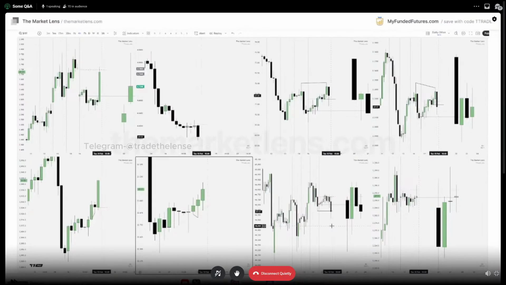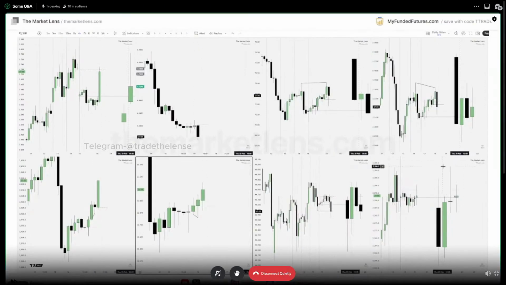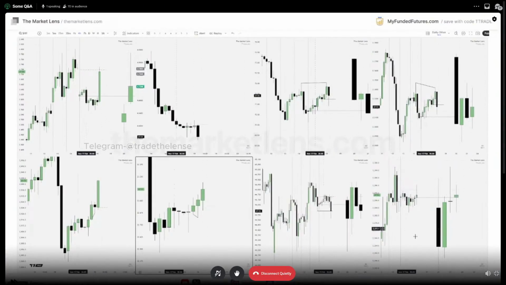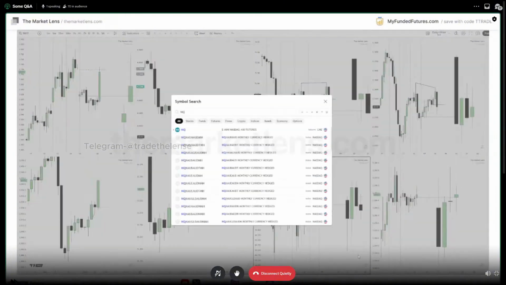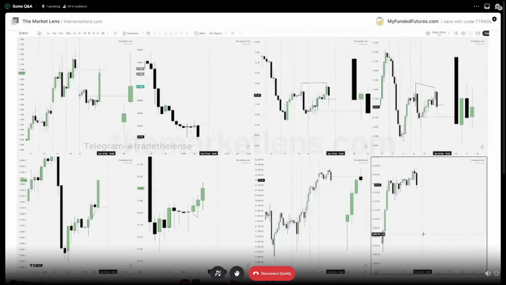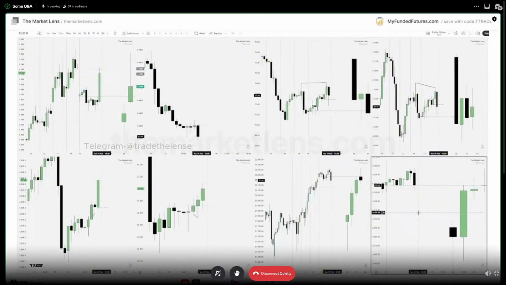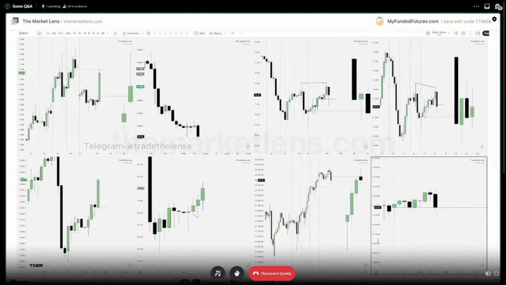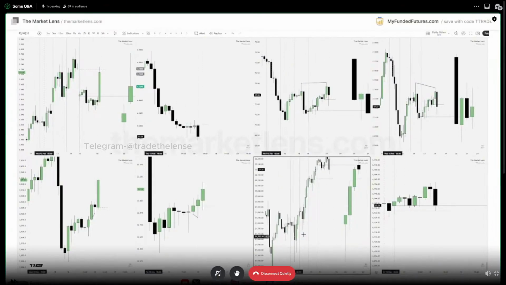So on this NQ, let's see. So once again, just a quick example where you can spot SMT on a lower time frame from this higher time frame.